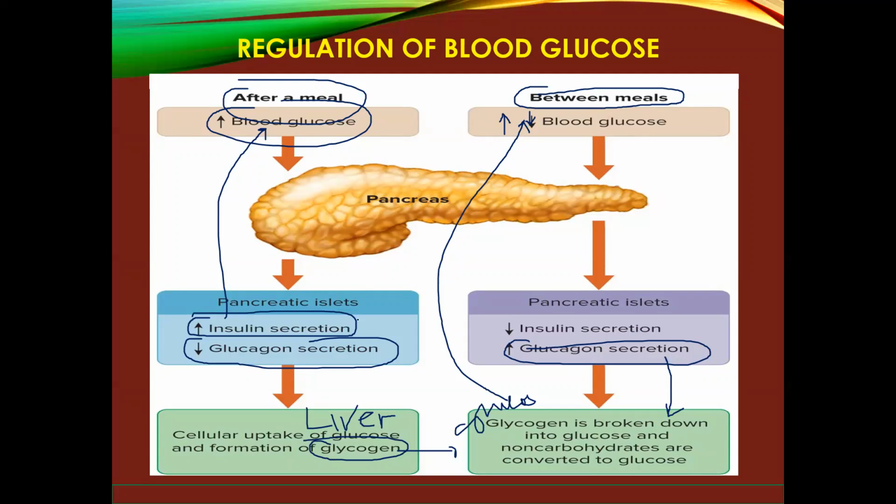If we have too much glucose, insulin will be produced. Then the liver will take the extra glucose from the blood and change it into glycogen. If we have little glucose in the blood, then glucagon will be produced. It will go to the liver, and the liver will break down the glycogen into glucose, and this glucose then will be released into the blood.